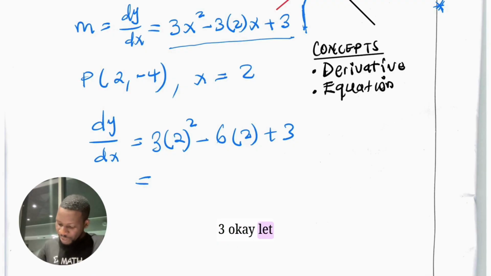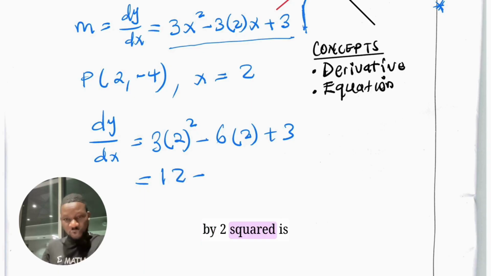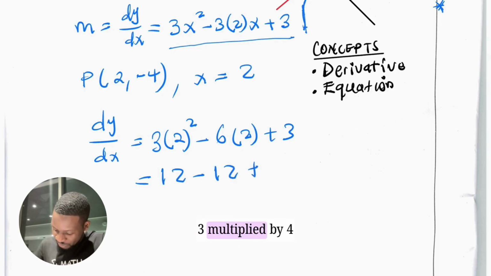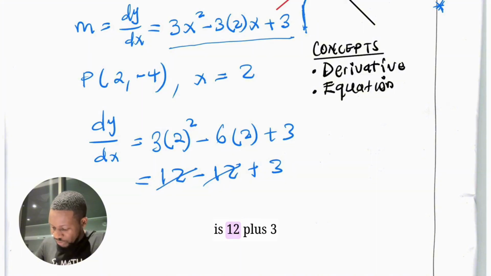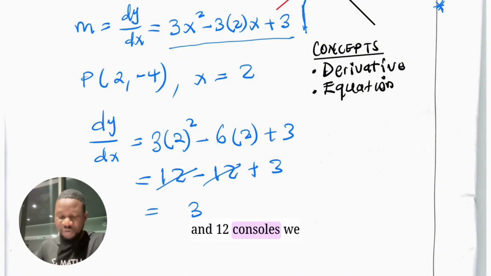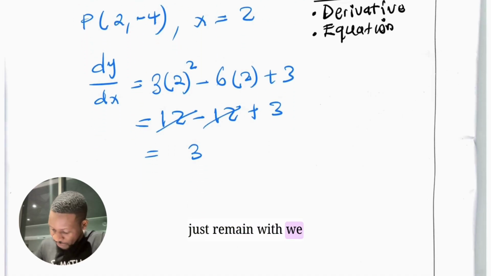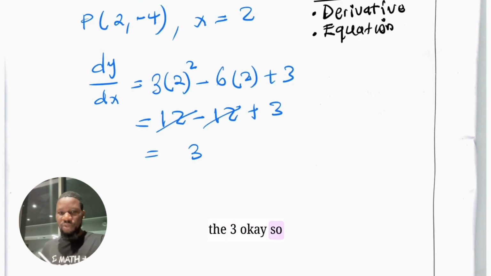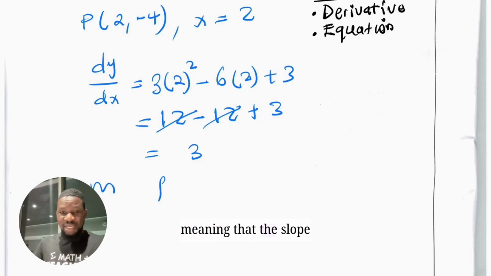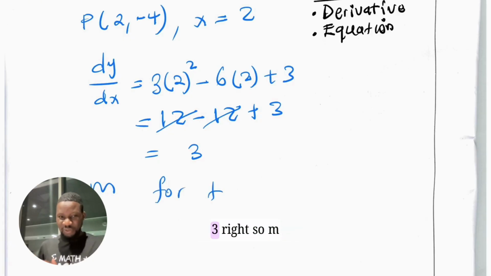Okay? Let us go ahead and compute this. 3 multiplied by 2 squared is 4, so 3 multiplied by 4 is 12. Then 6 times 2 is 12, plus 3. So you can see that 12 and 12 cancel. We just remain with 3. Okay? So that means the slope of the tangent is 3, right?